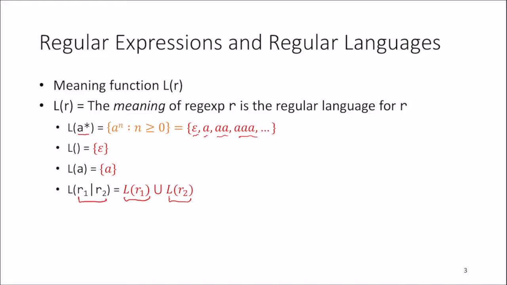Right? So if I have A or B and I want to take the meaning of that, then I would take the language of A union with the language of B, which is nothing but A union B, which is {A, B}.